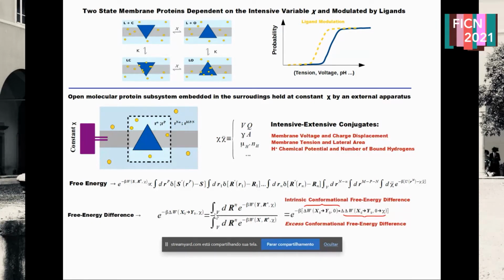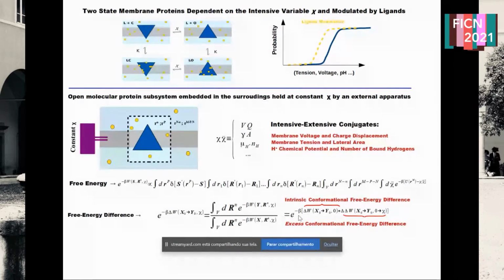Further expansion of that free energy difference in terms of two components: the intrinsic conformational free energy of the protein, which is the free energy between conformational states in the absence of any stimulus, plus an excess free energy that appears in the system when you stimulate it.